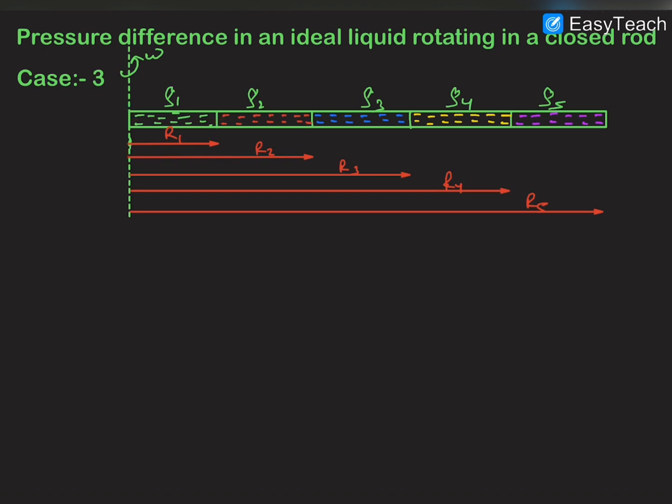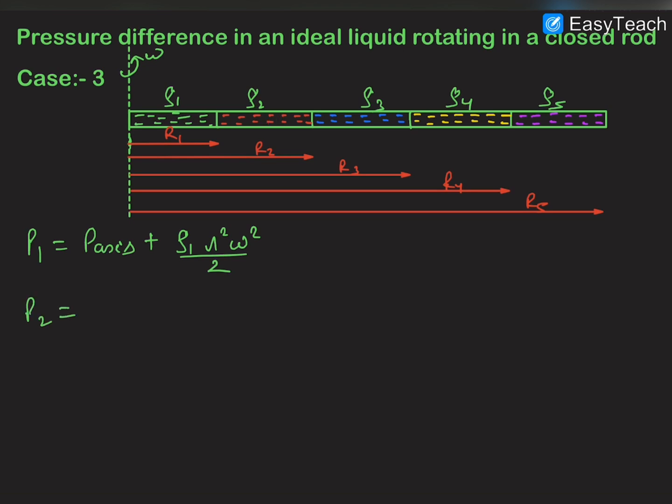So we have to find out the pressure in all of them. So let us write down the pressure in 1. In P1, in this liquid, pressure at a distance of small r will be P axis plus rho 1 into r square omega square by 2. Now P2 will be the pressure in this liquid.